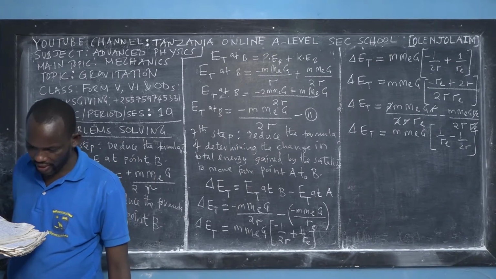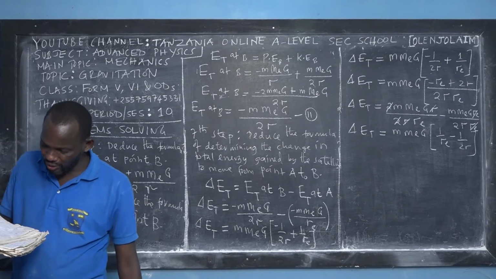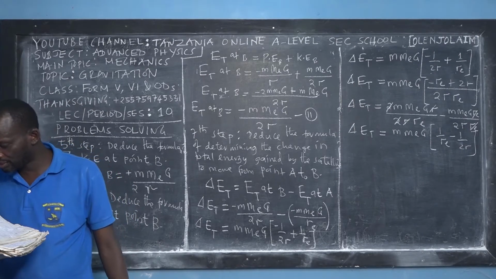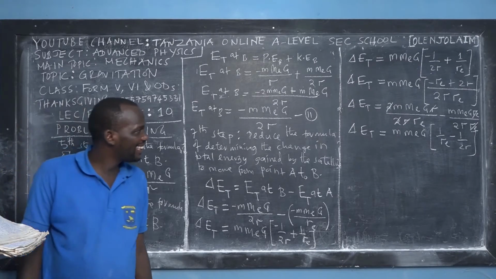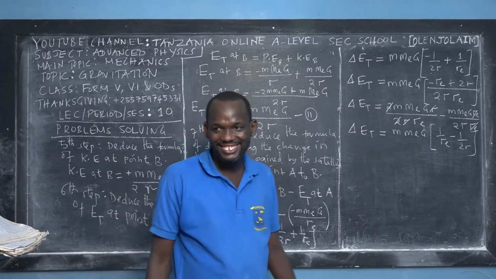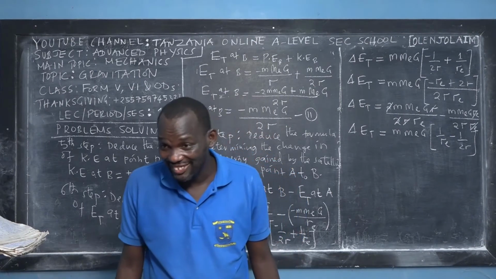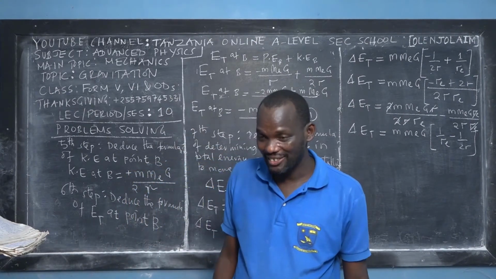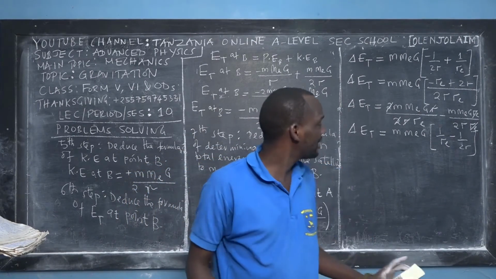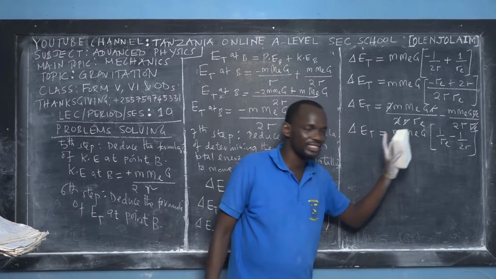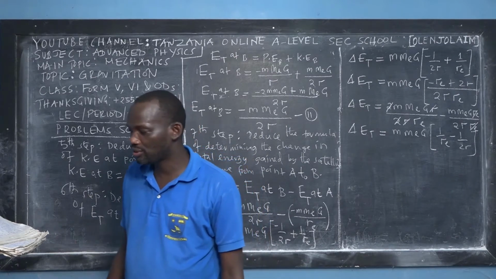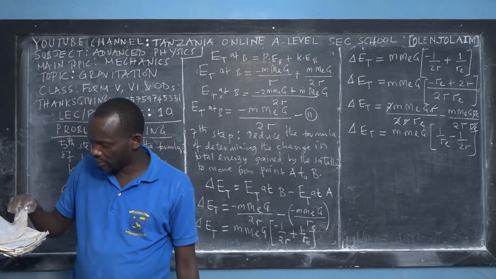Are we given the value of the universal gravitational constant? No. What are we given? The acceleration due to gravity, which is 10 meters per second squared. This is the final formula, but we are not given the value of the universal gravitational constant in the question.